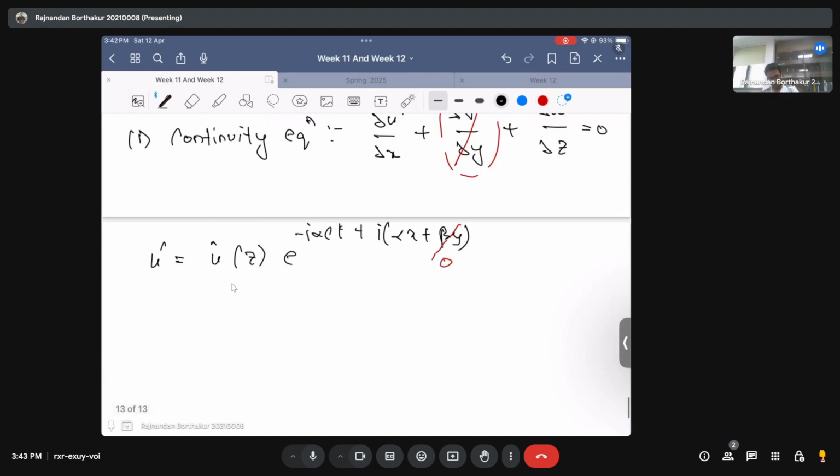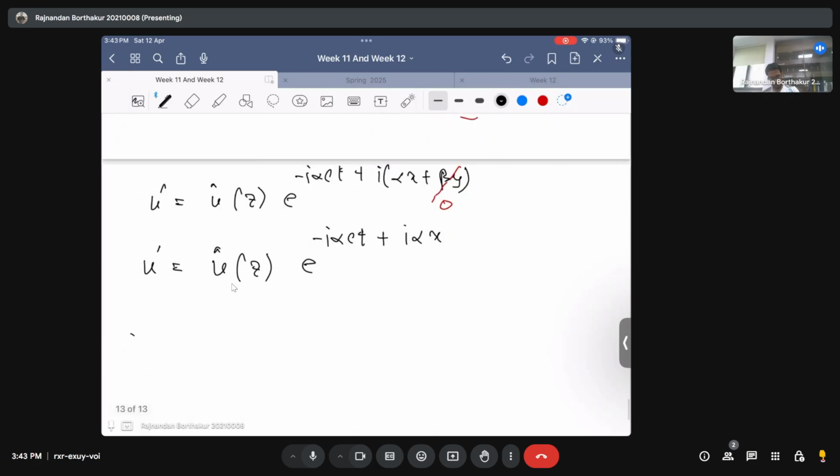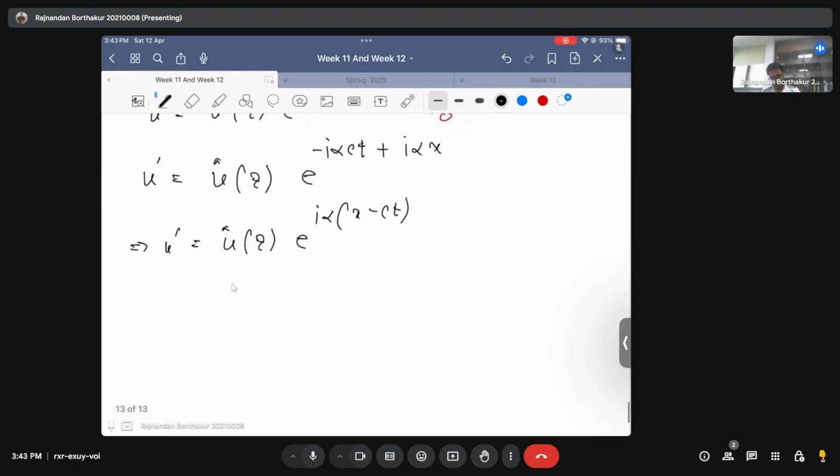So this means that my normal modes now, u prime is equal to u hat of z times e power, if I take I alpha common, it just becomes x minus ct.